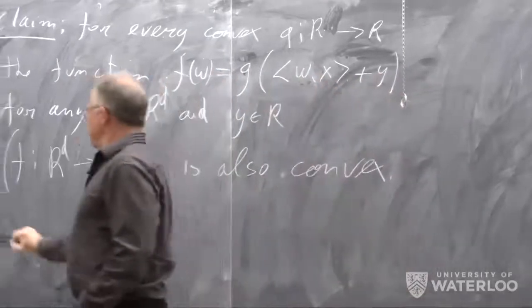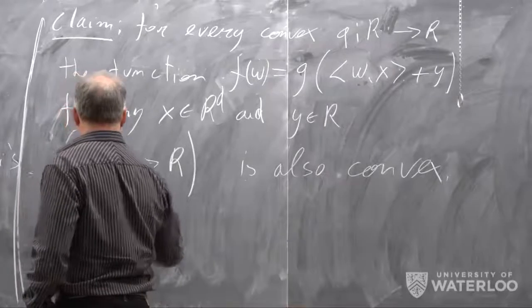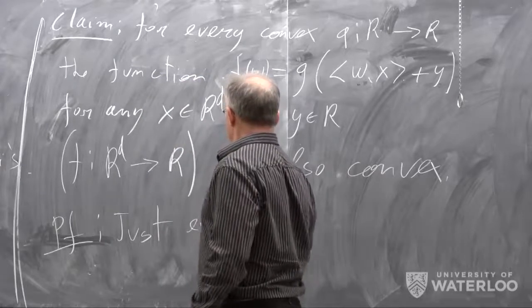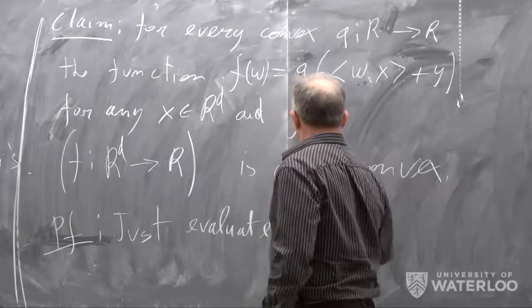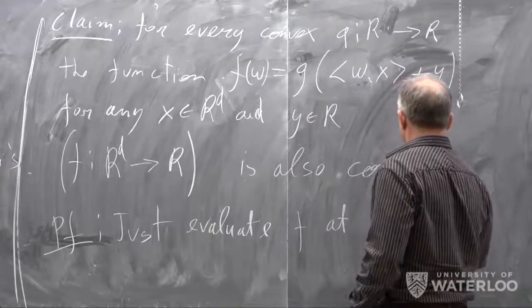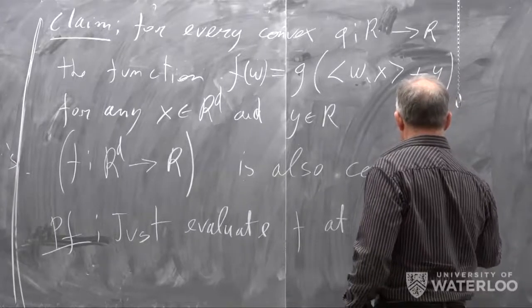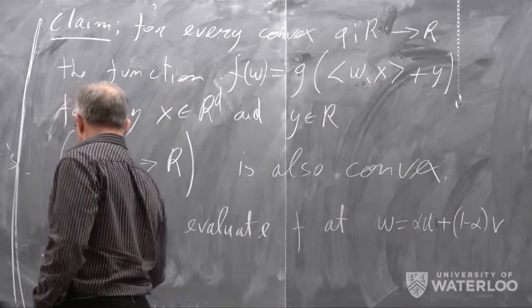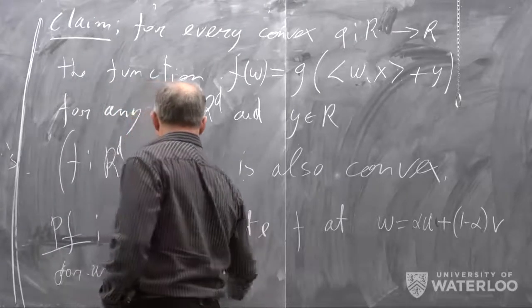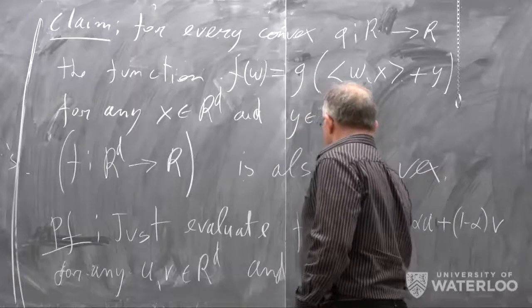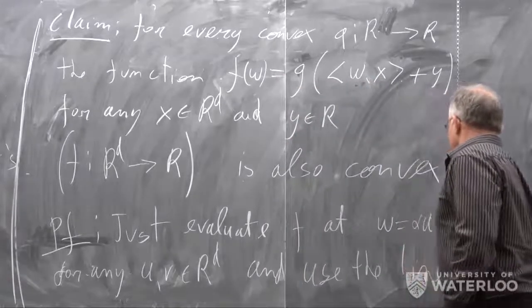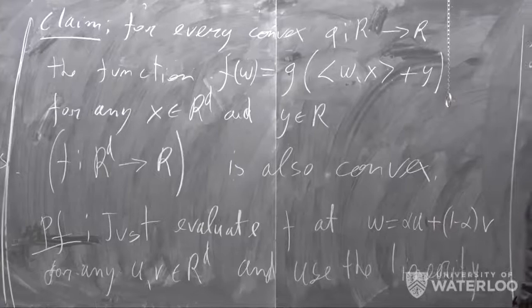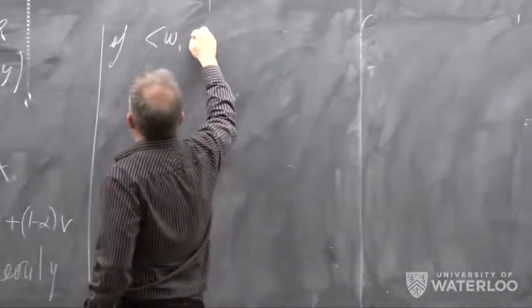So the proof: just evaluate f at the point w equals alpha u plus 1 minus alpha v for any u, v in Rd, and use the linearity of the dot product w x.